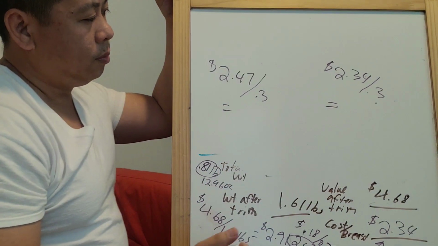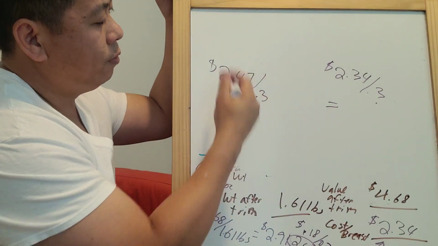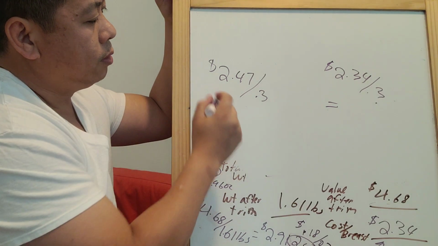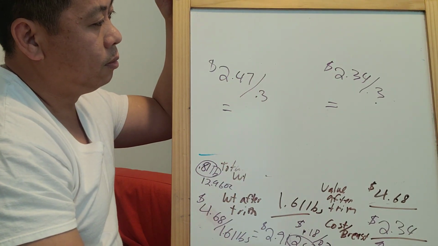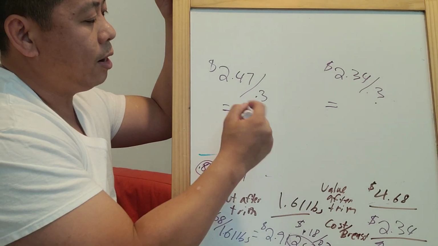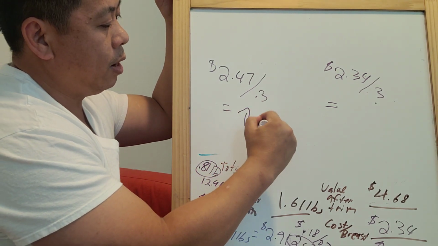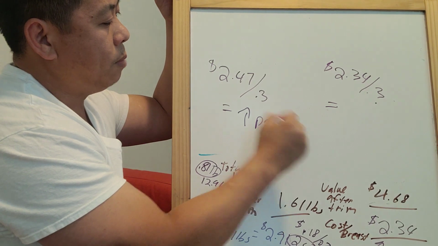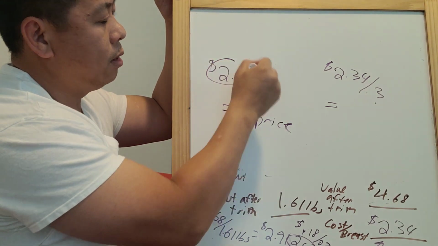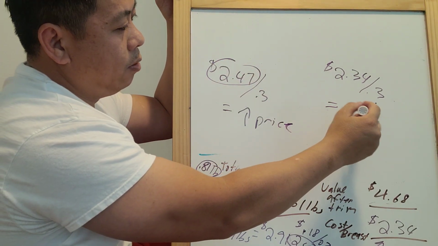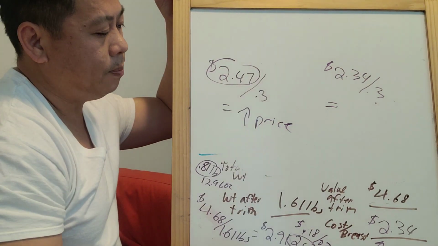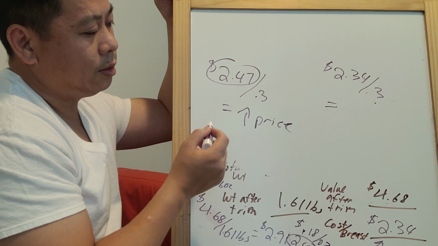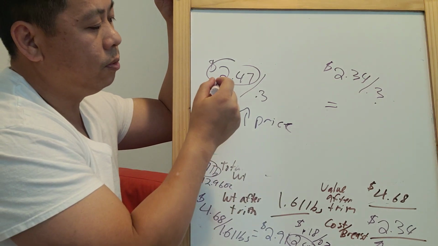If you do the math, because this value here is going to be higher, you have to sell it at a higher price to get this money back. You can sell it at a lower price to get that money back.